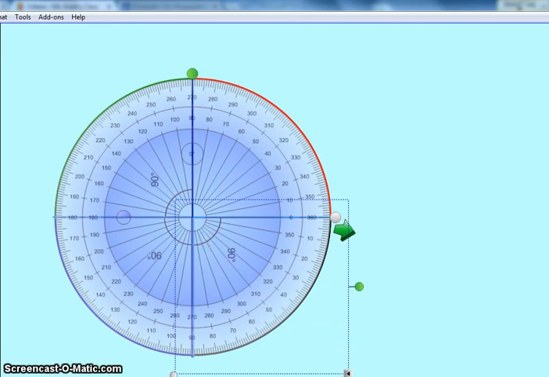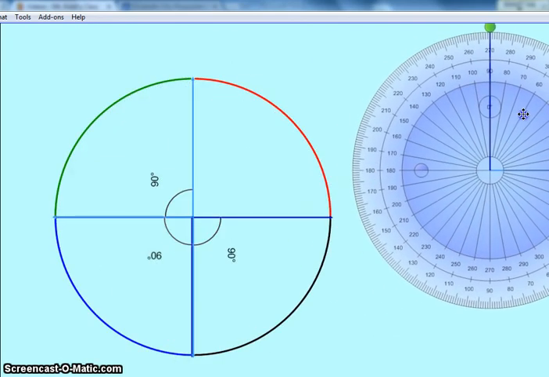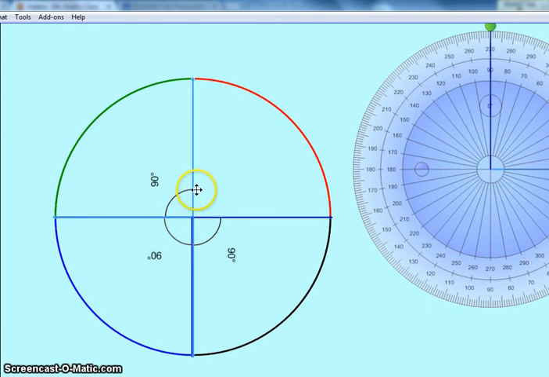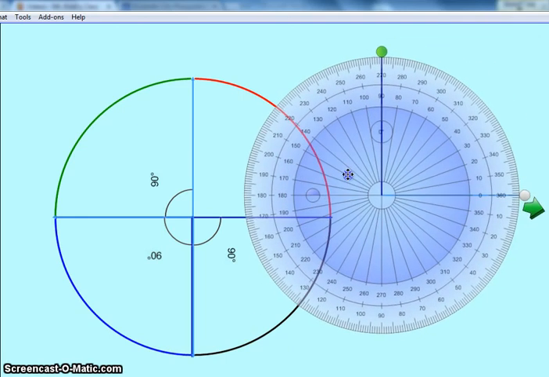So now let me take away that, and you can see that it took 1, 2, 3, 4. It took 4 90 degree turns, or right turns, right angles, excuse me, right angles to make that circle.